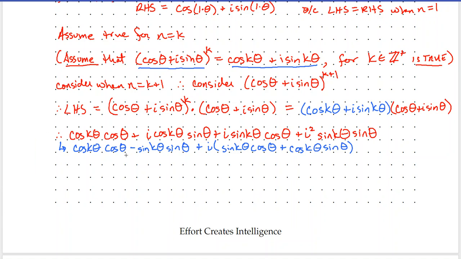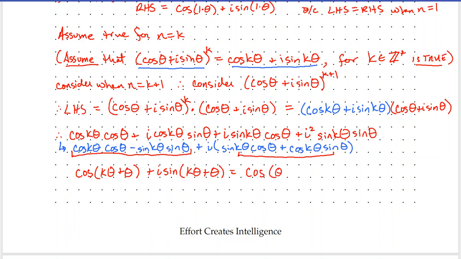Using my properties for trigonometry and my trigonometric identities, I have that this is the cosine of k theta plus theta plus i sine of k theta plus theta, which is really just the cosine of theta times k plus 1 plus i sine of k plus 1 theta.